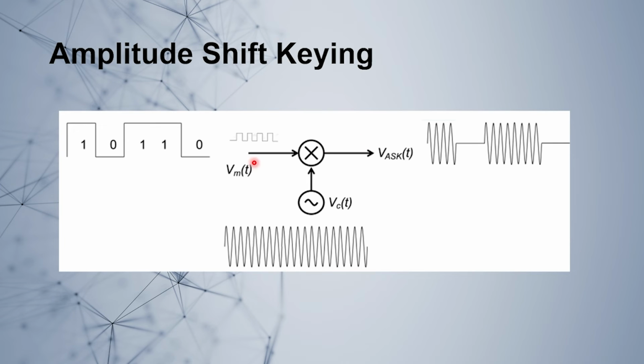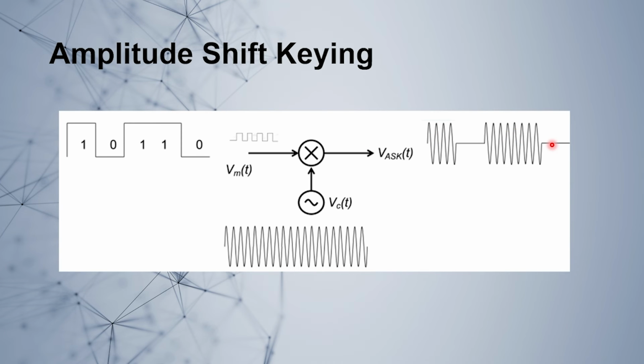As you can see here, we have the information signal coming in as digital data 10110, and the carrier signal is analog. Here we have the output VASK after going through this multiplier. As you can see in this output, the waveform has been shifted according to the digital data that we receive, 10110.